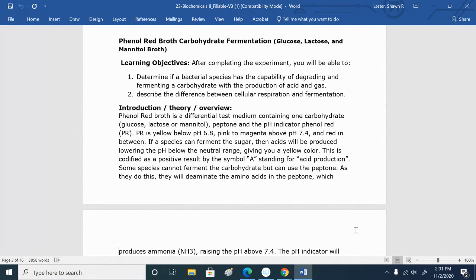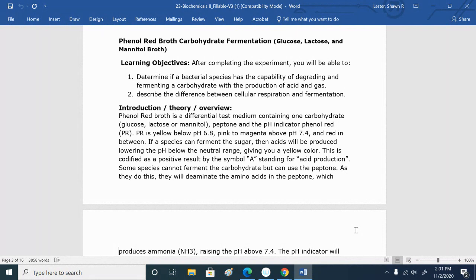So we're going to be looking for yellow broth. But when it comes to phenol red, if the pH goes above 7, if it's alkaline, then the broth turns pink, and it can be an intense fuchsia pink. So you can tell pH in the tube using phenol red, but we're primarily looking for yellow broth, and that indicates the production of acid.